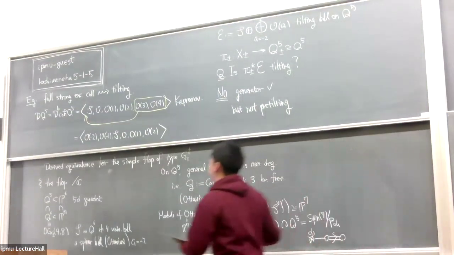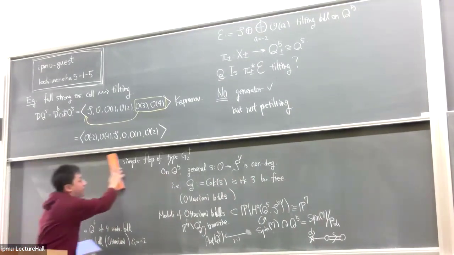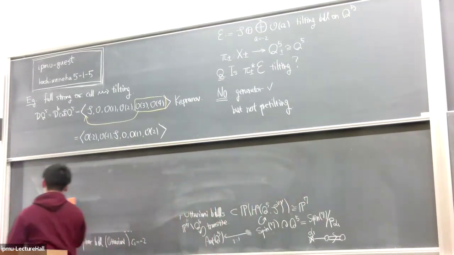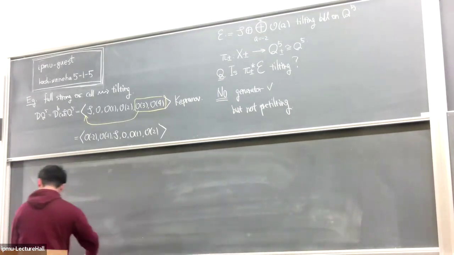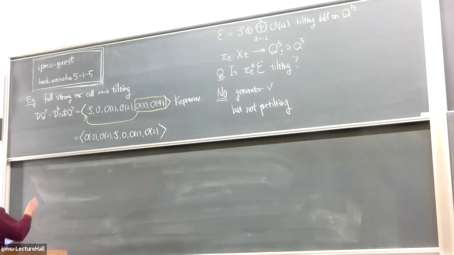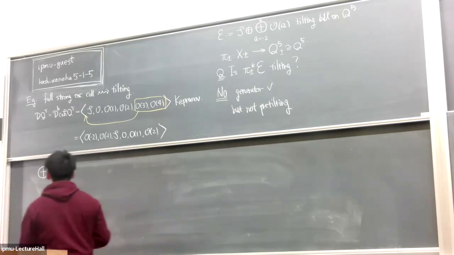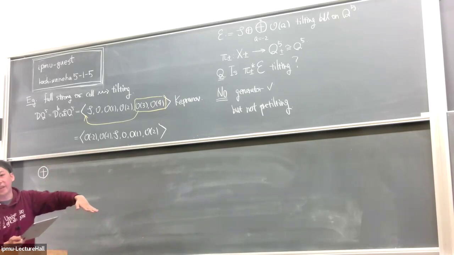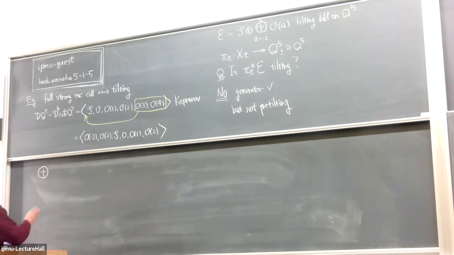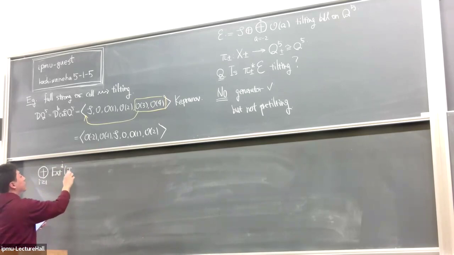So when we compute the extension, to check the tilting property we have to consider any non-zero degree extensions. It's clear that all negative extensions vanish. So now I consider the sum of all positive degree extensions.